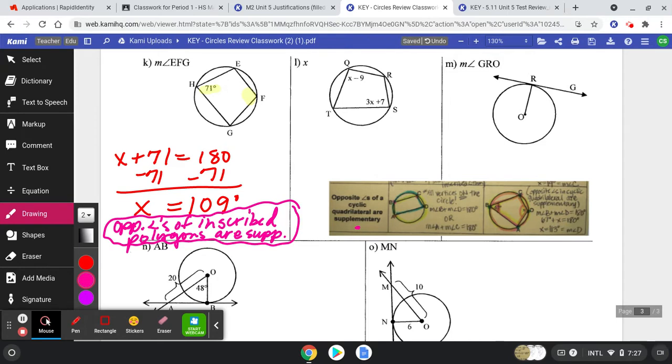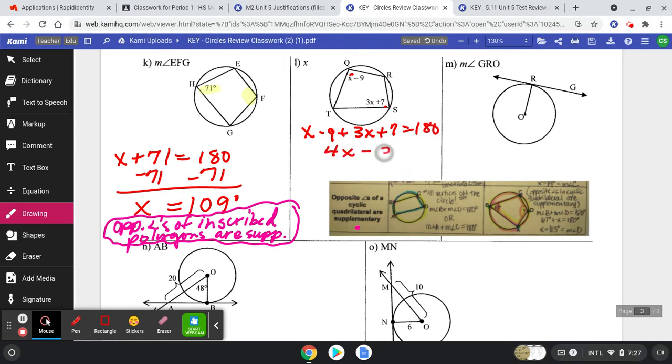All right, the next one, letter L, is the same thing, where we've got an x plus 9 and a 3x plus 7, and we know that all of those add up to 180. We know that they're supplementary. So I've got 4 x's, negative 9 and positive 7 is negative 2. Add 2 to both sides.